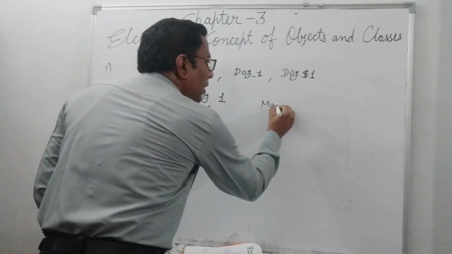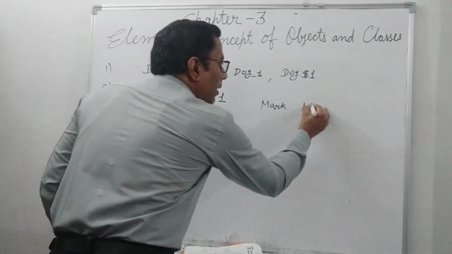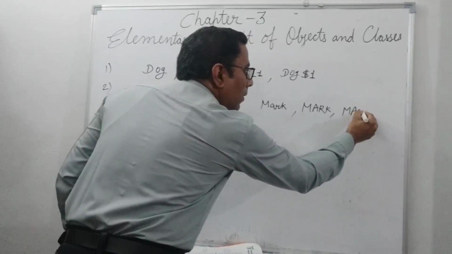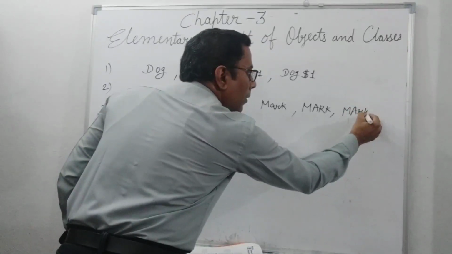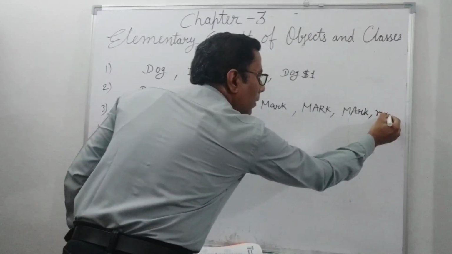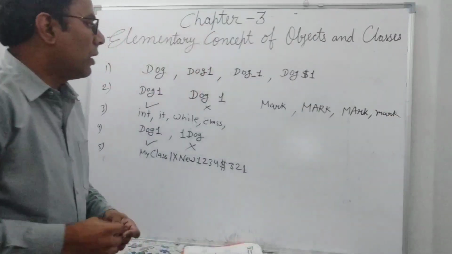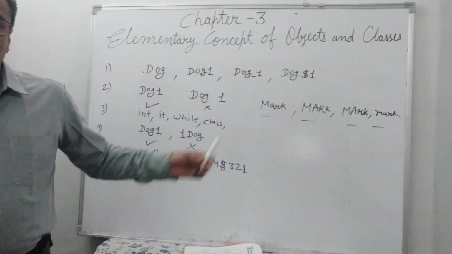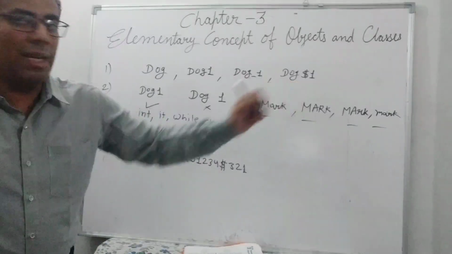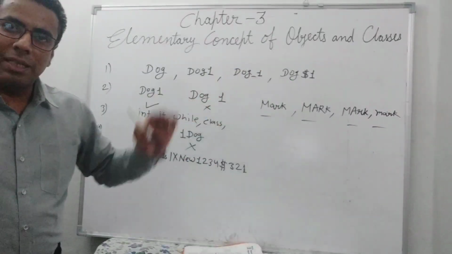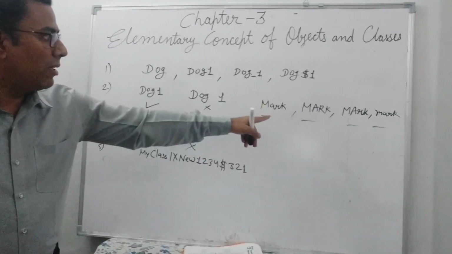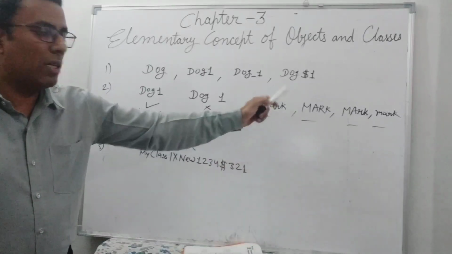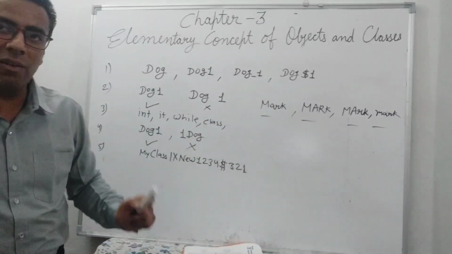It means suppose you are giving the class names Mark, mark, MARK and mArk. I'm giving 4 class names. The classes Mark, mark, MARK and mArk are considered different from each other. So this feature is called case sensitive. So Java is a case sensitive language.